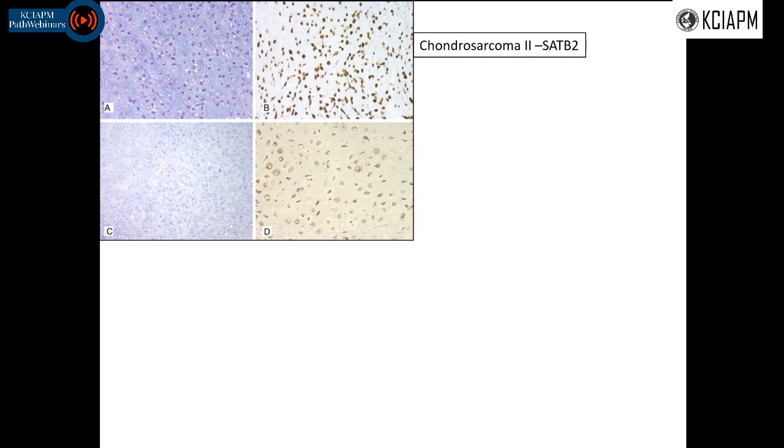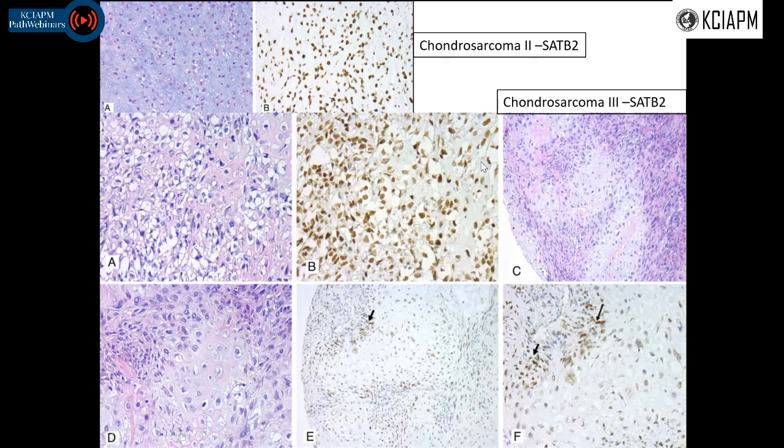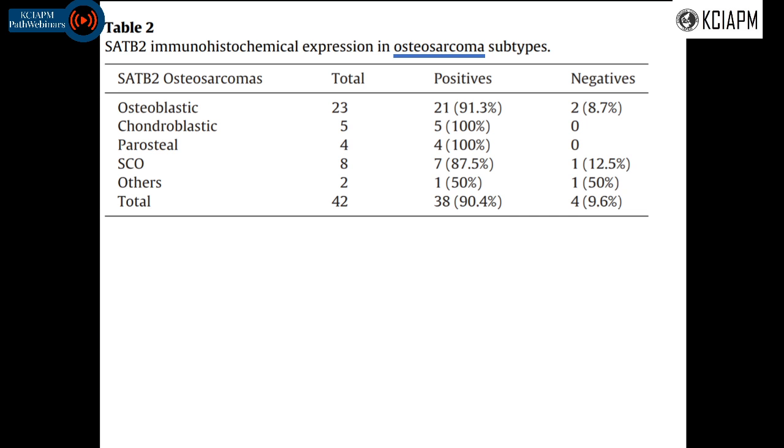But one should realize that even in chondrosarcoma, we could have staining of SATB2. So grade 2 and grade 3 chondrosarcomas are positive with SATB2. So in this case, we cannot differentiate osteo or chondrosarcoma with SATB2.